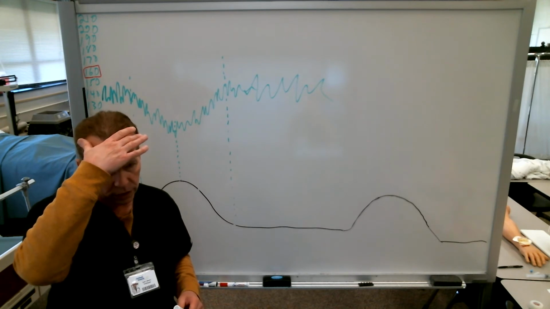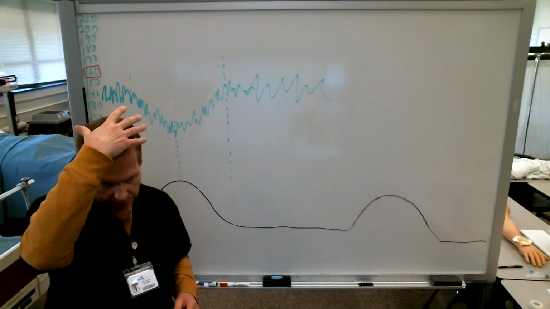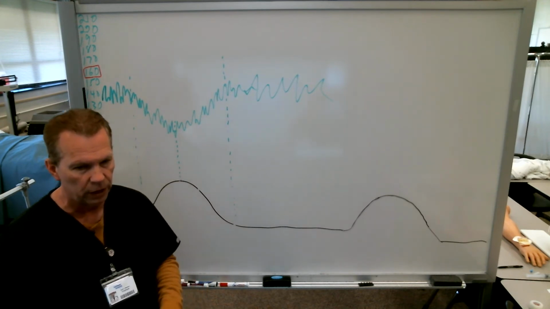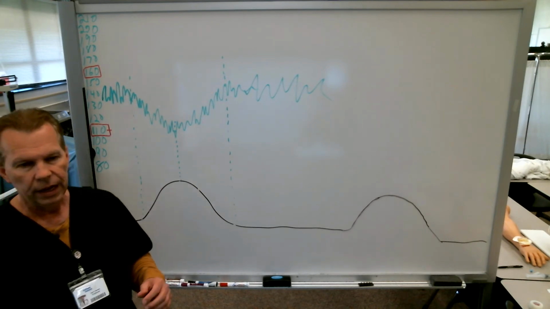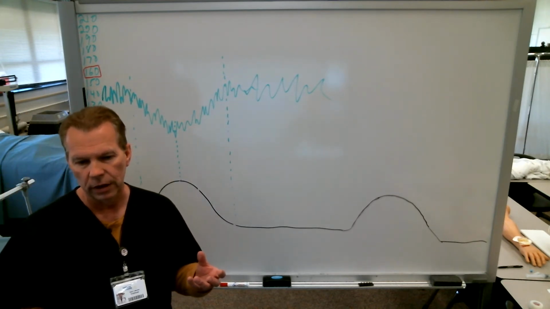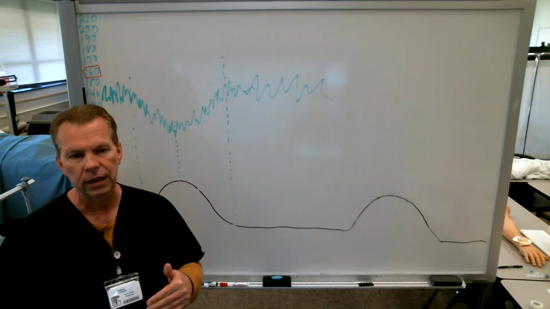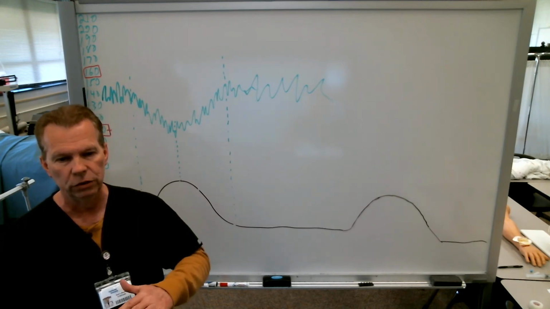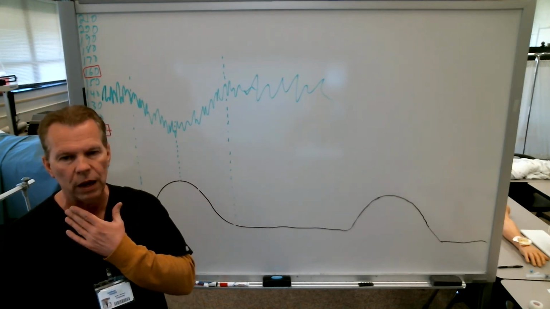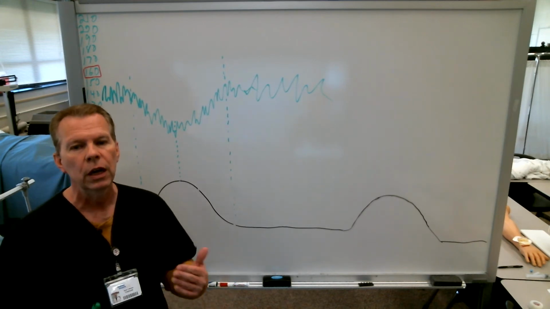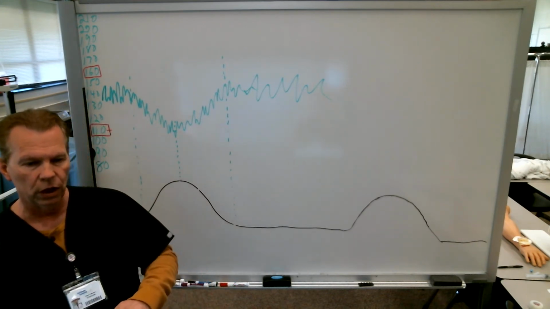The vagal nerve has outcroppings from the top of the head all the way down to the waist level. There are places where it outcrops, and we can stimulate that nerve and cause your heart rate to drop. We talked about carotid massage, the Valsalva maneuver, things of that nature that can slow the heart rate down.